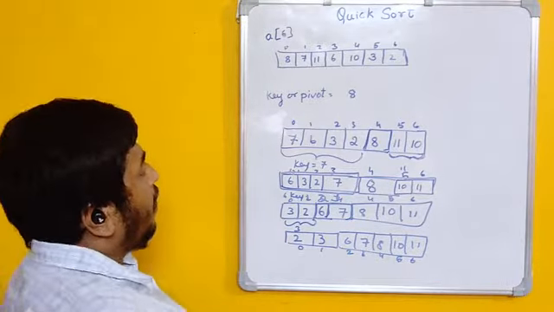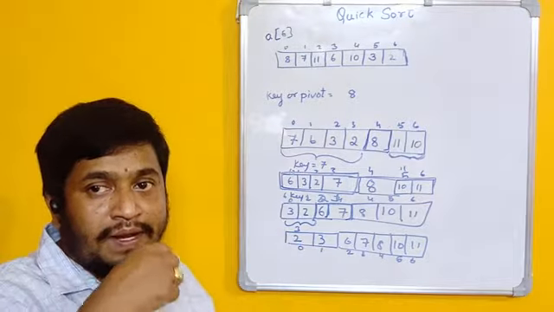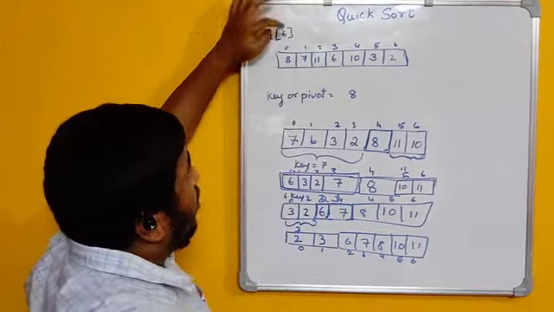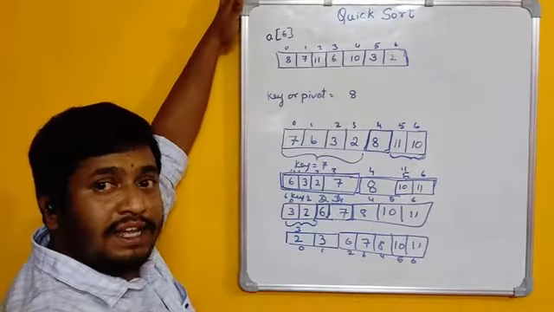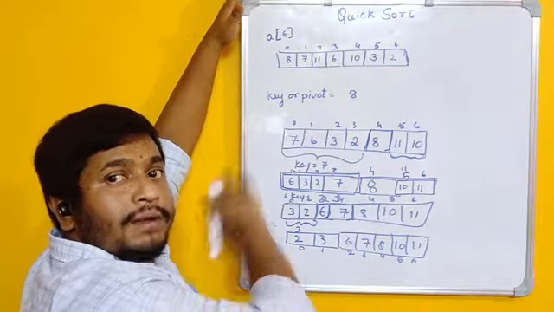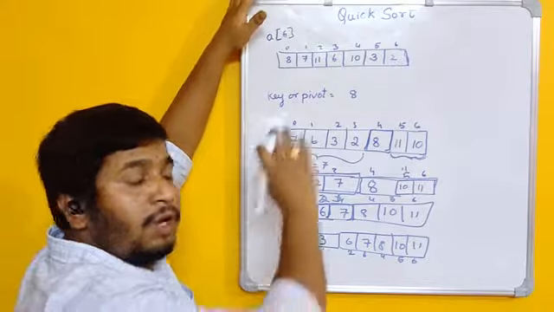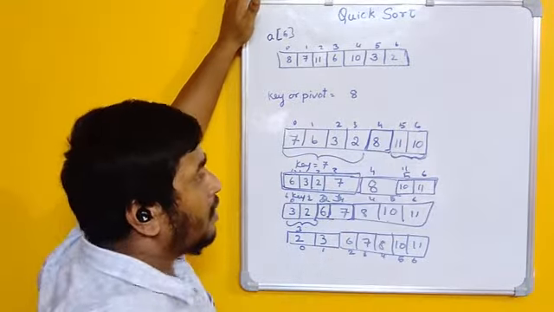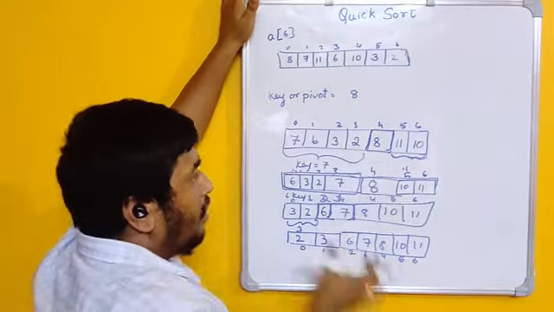What have we done? In every step we have taken one pivot element and compared it with the other elements. Elements lesser than that pivot element we have kept on the left side, and elements greater than that pivot element, or key, we have kept on the right side. So we get the proper position for the pivot element, and the array is divided.